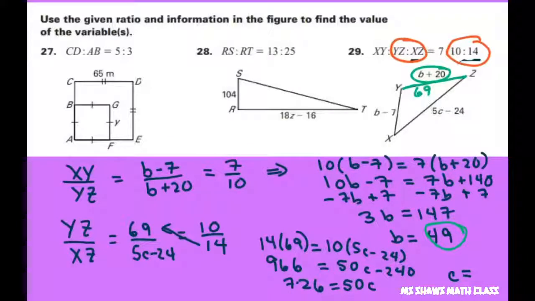Sorry about that. And you plug that in, you get 5 times 14.52 minus 24. So this is going to give you 48.6. And that's it.